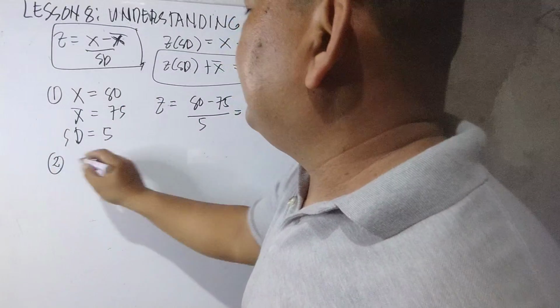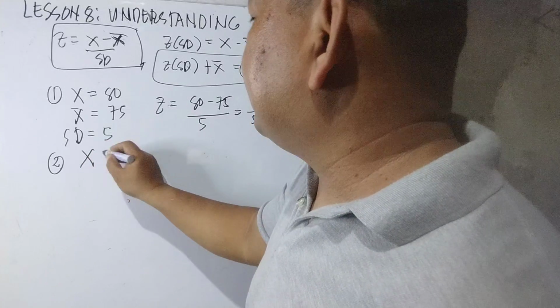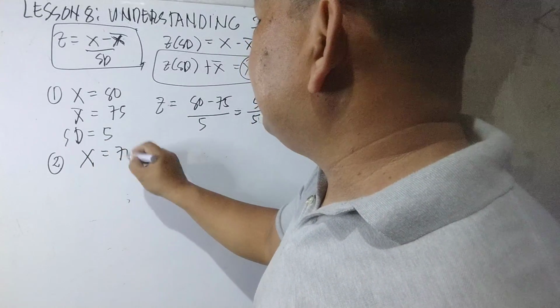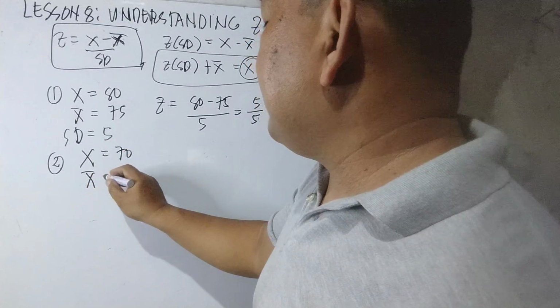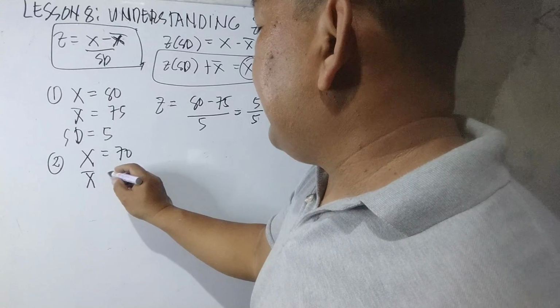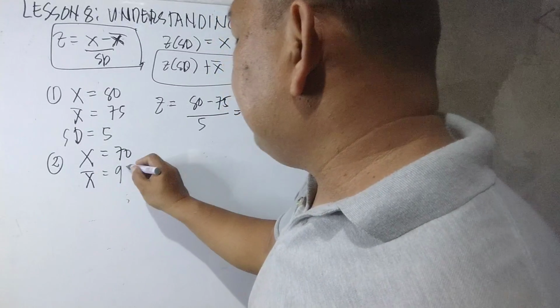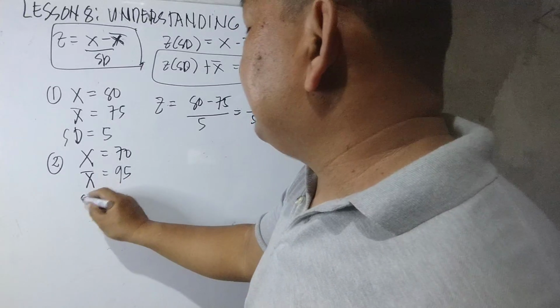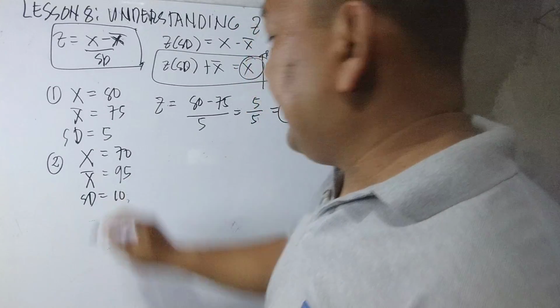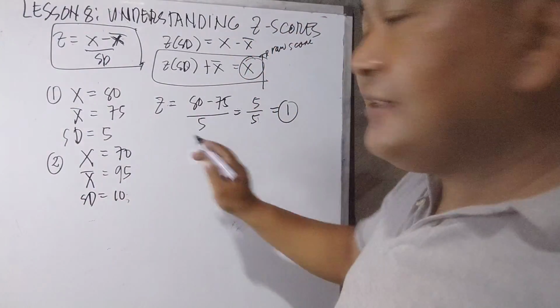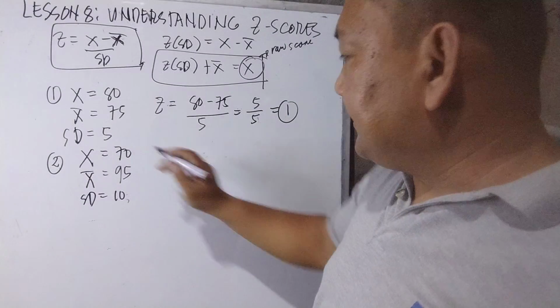Another example, say your score is 70. The mean score is, say, 95, and the standard deviation is 10. What corresponding z value will be considered here?